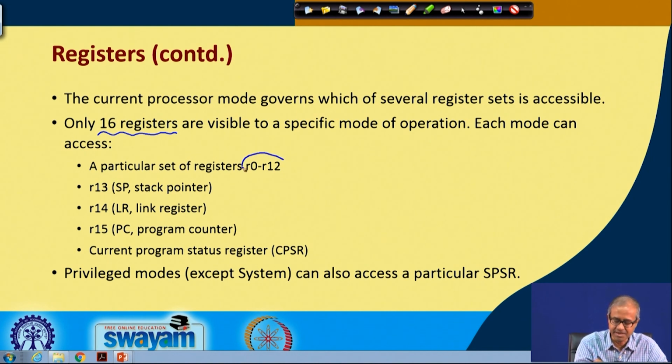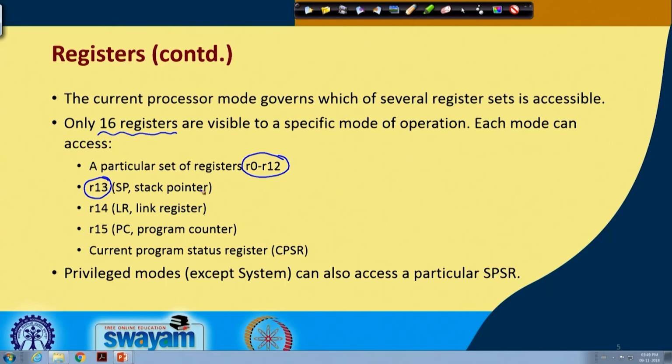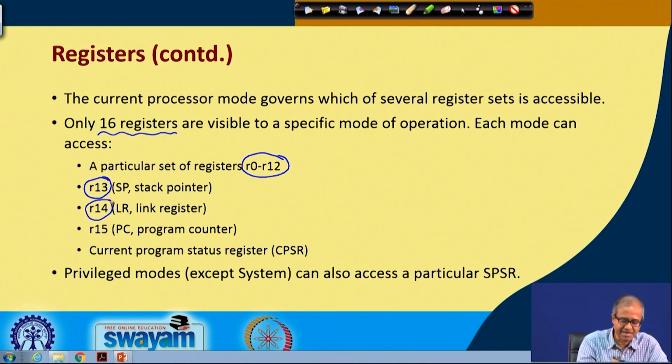There are 13 general purpose registers R0 to R12. Stack, there is no stack I told, but R13 is earmarked as the stack pointer. If you want to implement a stack yourself by software, you can use this R13 for the purpose. Okay. And R14 is a link register.